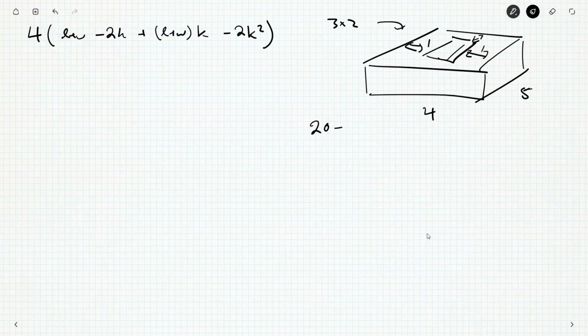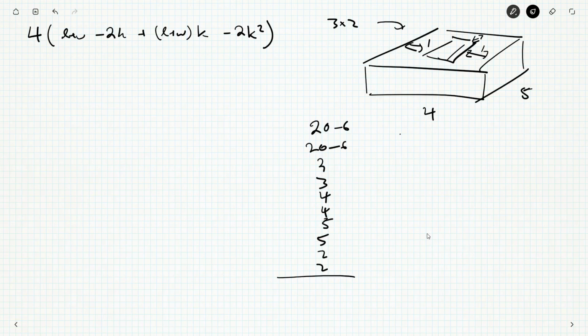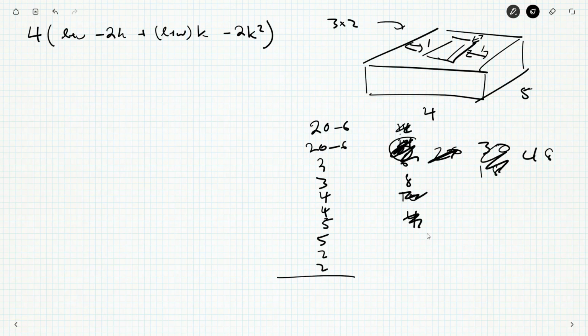So it'll be 20 minus 6 on the top face, and then 20 minus 6 on the bottom face, and then a 3, a 3, a 4, a 4, a 5, a 5, a 2, and a 2. So that's 14, 14. The 2 3s will become a 6, an 8, a 10, a 4. That becomes a 20, and then those guys become a 30. Those become an 18, which becomes a 48. And then another 8 should be a 56.